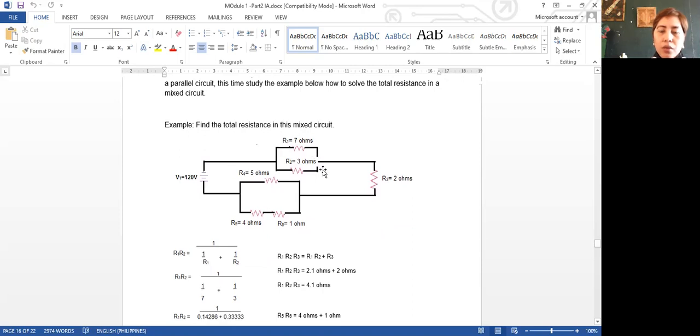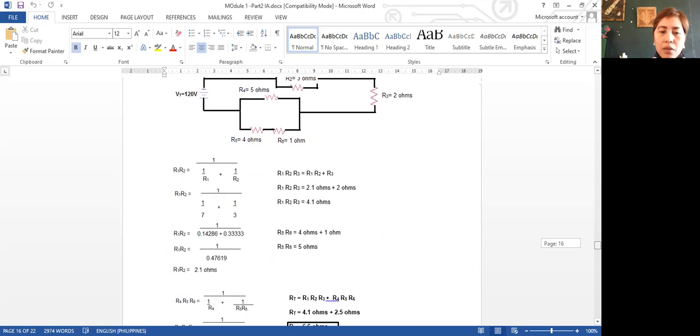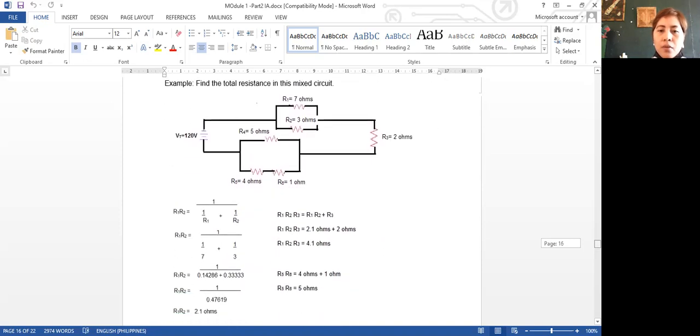What you're going to do is apply the formula for the total resistance for parallel. So for R1 and R2, that will be 2.1 ohms.